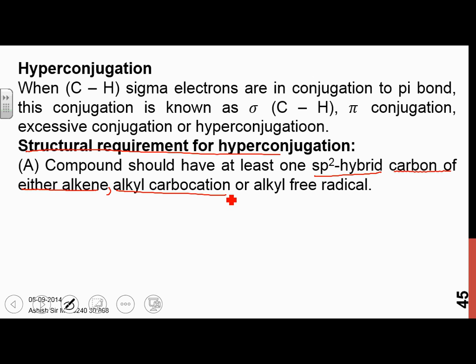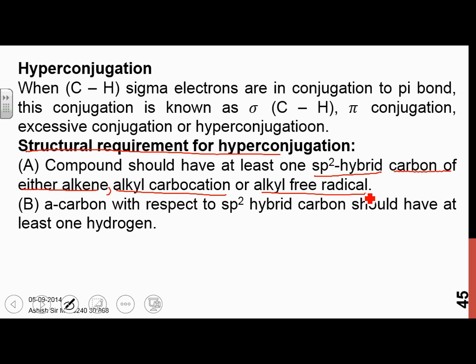Now we know what is alkyl carbocation. Or we need one alkyl free radical. We need either of this. And second thing we require is an alpha carbon with respect to the sp2 carbon.